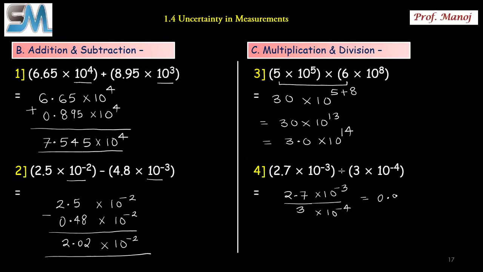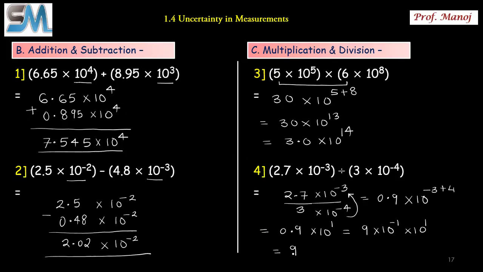That answer is 0.9. 10 raised to minus 4 from the denominator when goes to the numerator, this becomes a positive number. So the answer becomes 0.9 into 10 raised to 1, or 9 into 10 raised to minus 1 into 10 raised to plus 1, or simply answer becomes 9.